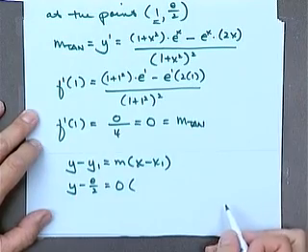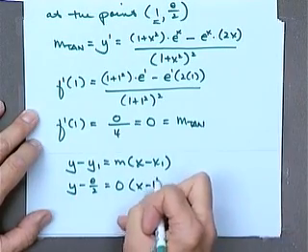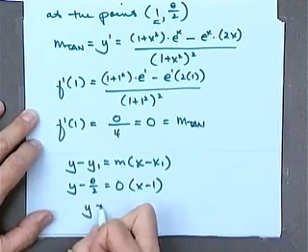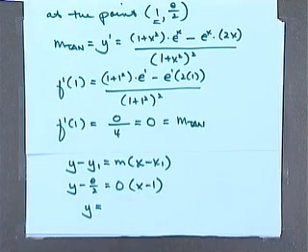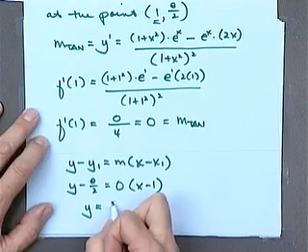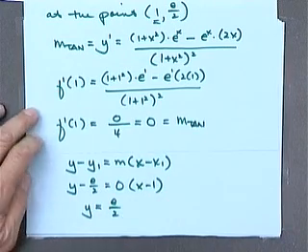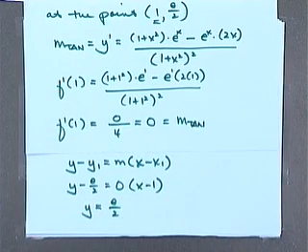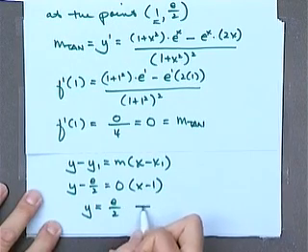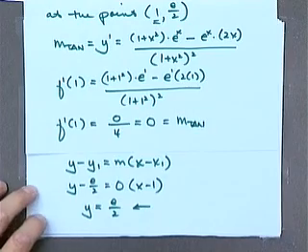Because it's 0 times something, x minus 1. So it would be y equals e over 2. So we happen to find the point where the derivative was 0, so it's got a horizontal tangent line. That is the equation of a horizontal line.